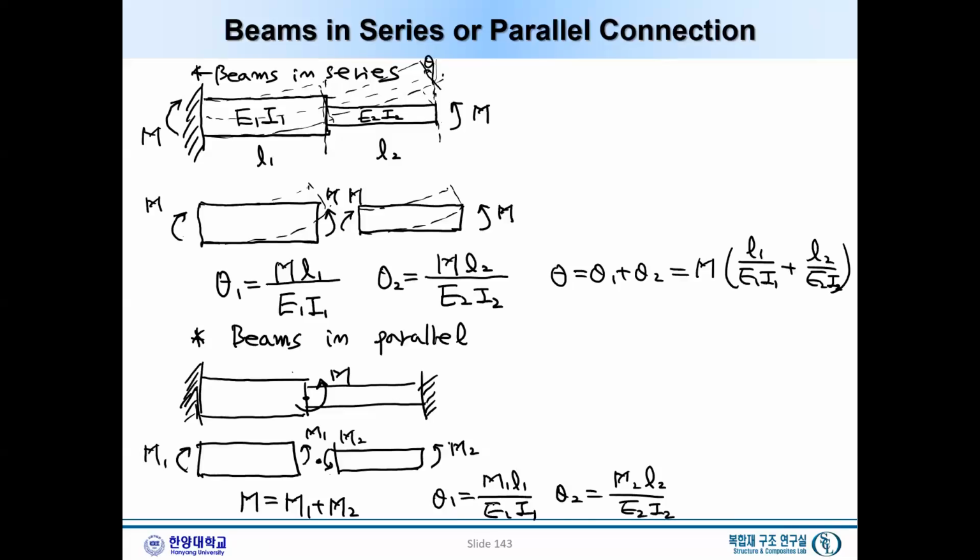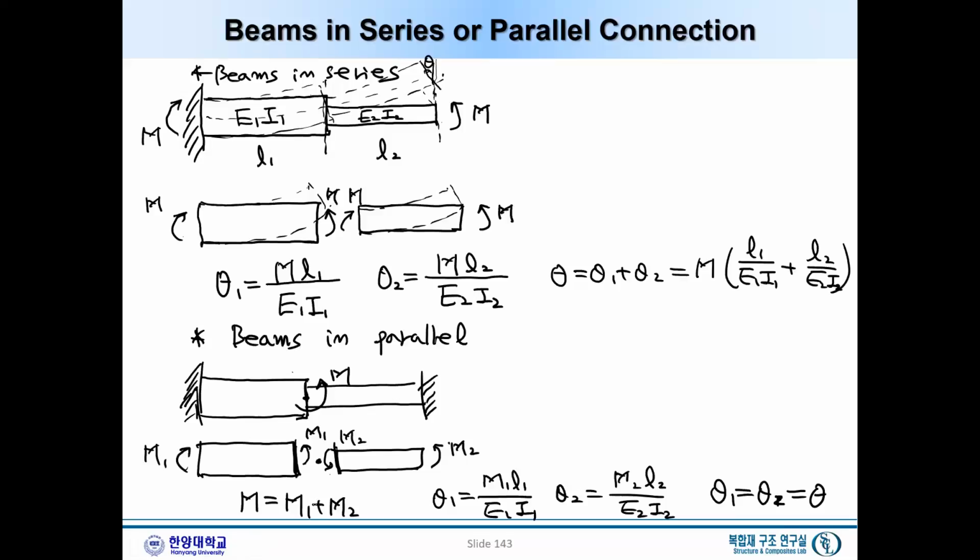That is the angle of rotation for each beam. But here, the most important geometric condition is that theta 1 will be the same as theta 2 because they are connected together. So this angle of rotation and this angle of rotation will be the same, which is the angle of rotation we want to calculate. So that is one of the key points.